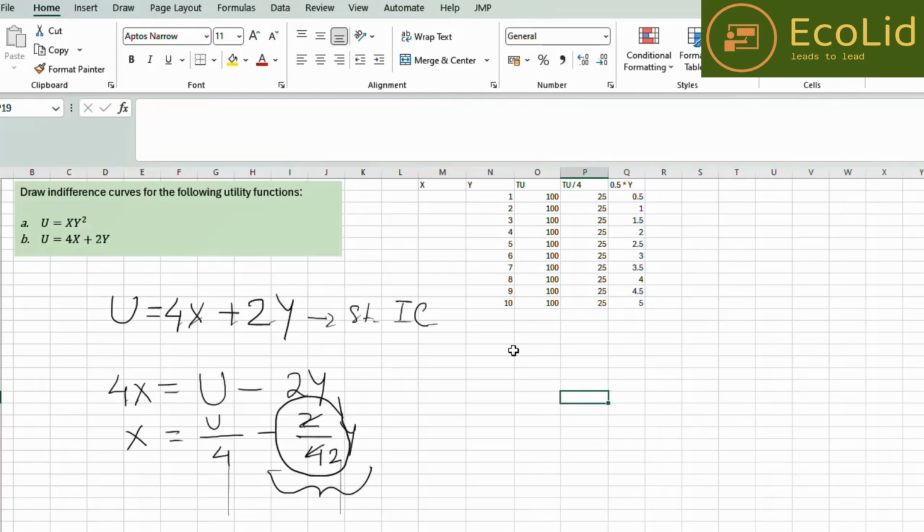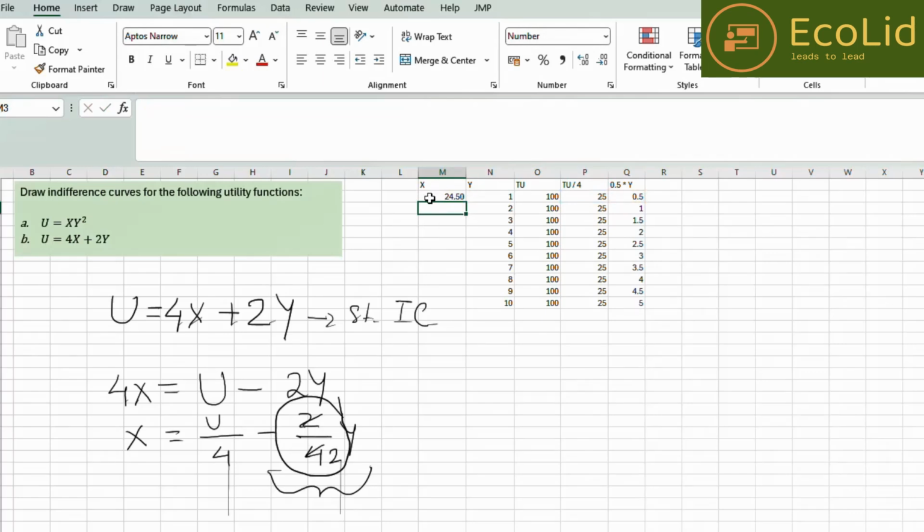Now we need to find the values for x. What will be the x? X will be equal to the intercept term, that means U by 4, this term, minus the term that is associated with the slope, so this column's value. So enter.